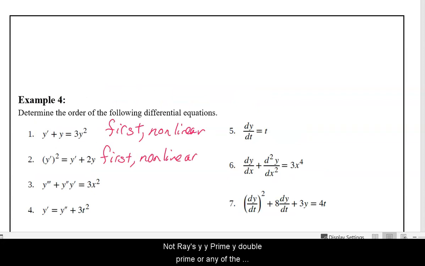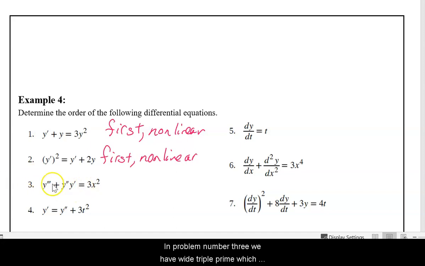You cannot raise y, y prime, y double prime, or any of the derivatives of y to any power other than 1. x you can, but y you cannot. If you raise y or any of its derivatives to any power other than 1, multiply them by each other or compose them with each other, then it fails to be linear in y or its derivatives. Let's now look at the next equation.